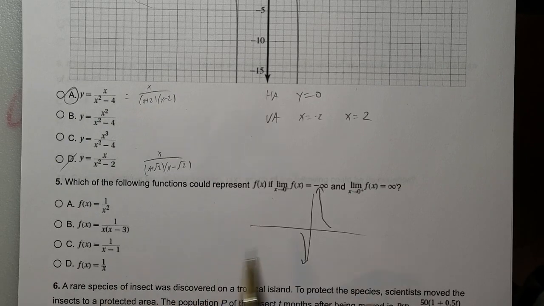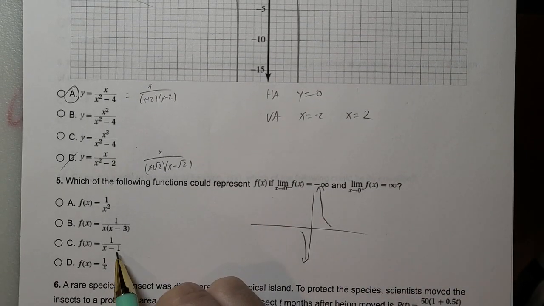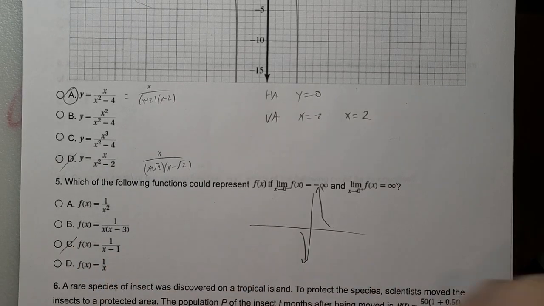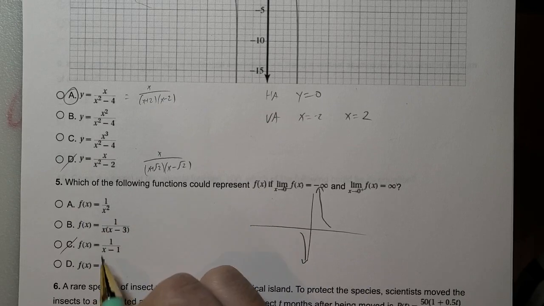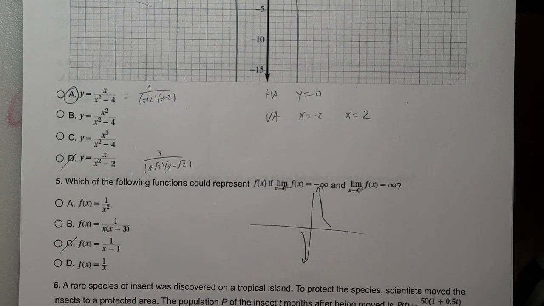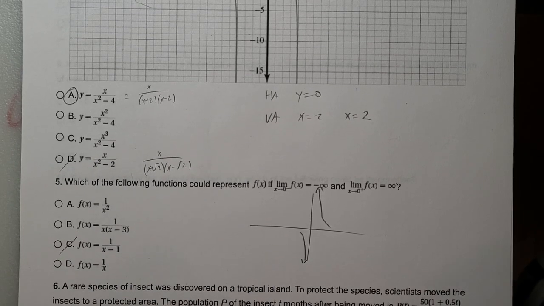Well, let's first find out which ones have a vertical asymptote at x is 0. C clearly does not have a vertical asymptote at x is 0. It has one at x is 1. Okay, the rest do have a vertical asymptote at x is 0. Okay, so now which one is it? So I know how the graph of 1 over x squared looks, and I know how the graph of 1 over x looks.